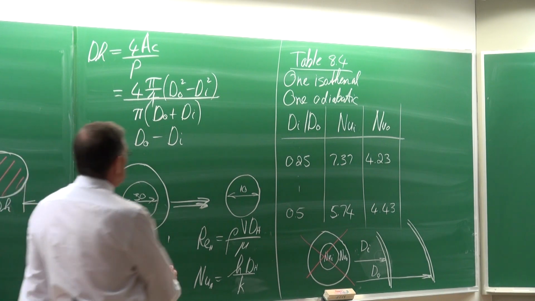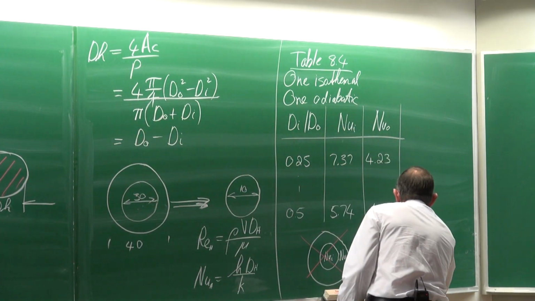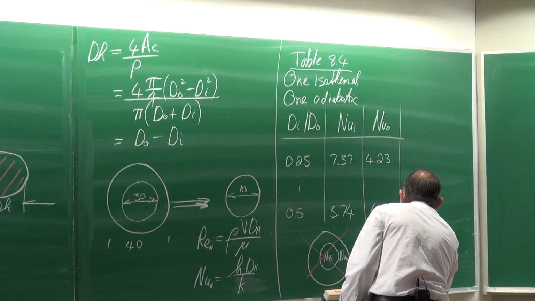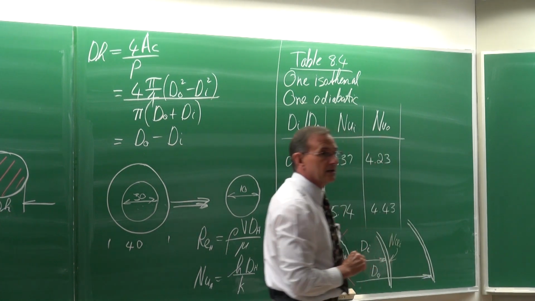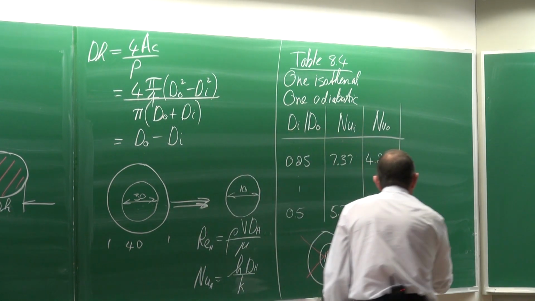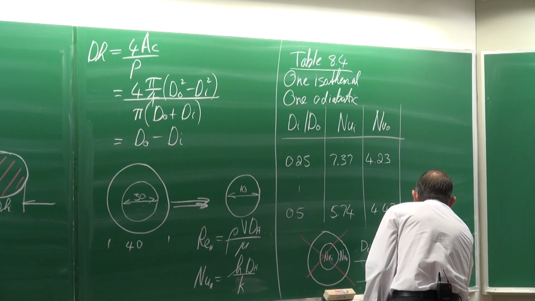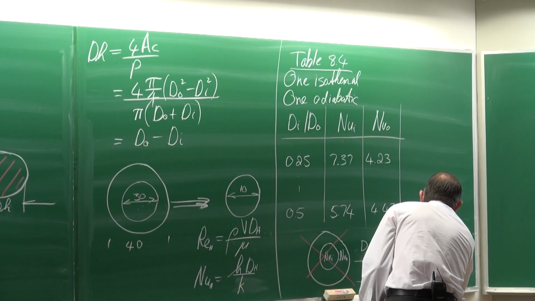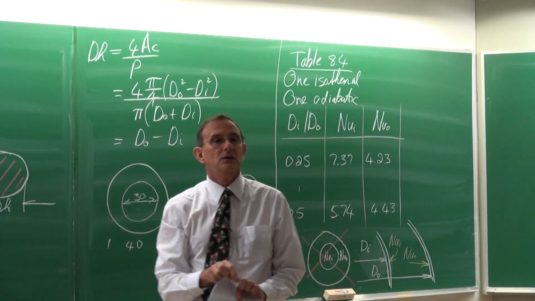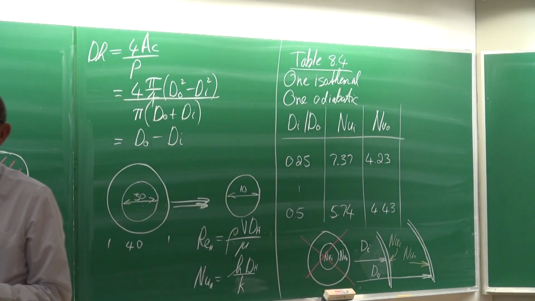Nusselt inside is the Nusselt number on that wall there. Okay. And Nusselt outside is the Nusselt number on that wall. You see the difference? Okay.